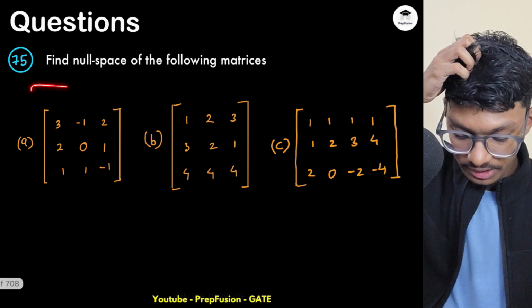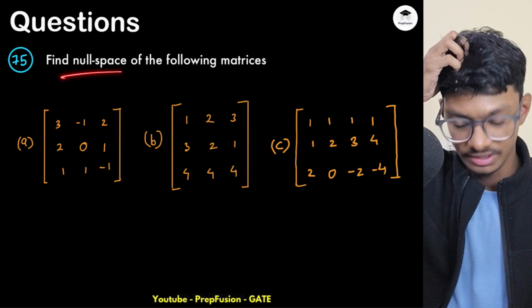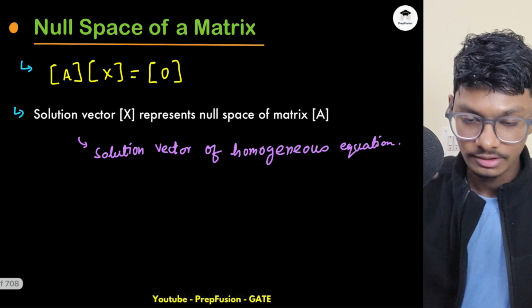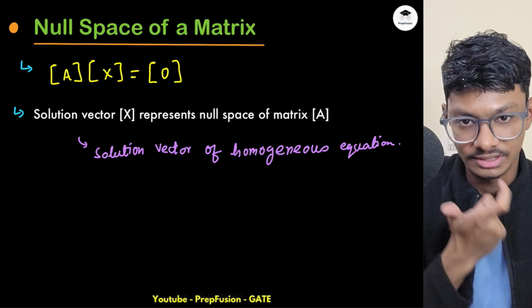So basically we have to find the null space of the following matrices. With this example we will be able to understand what null space means.